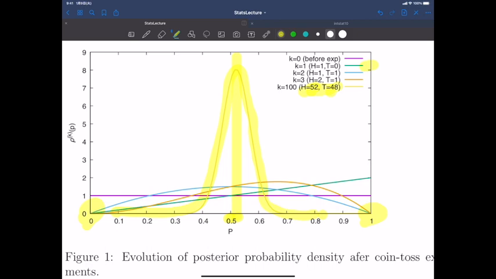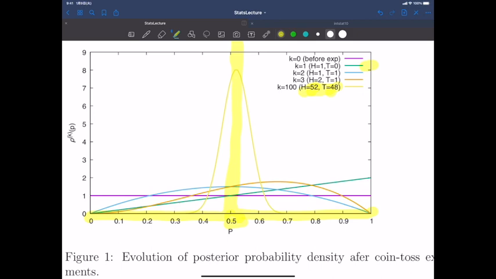If you continue this over and over, the distribution will converge eventually. Probably it will look like a very sharp distribution, something like this, if the coin is really a fair coin. But if it is biased a little bit, maybe it will have the sharper peak somewhere off the middle point, 0.5.